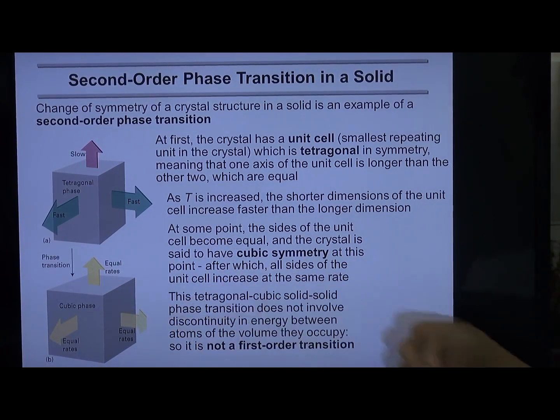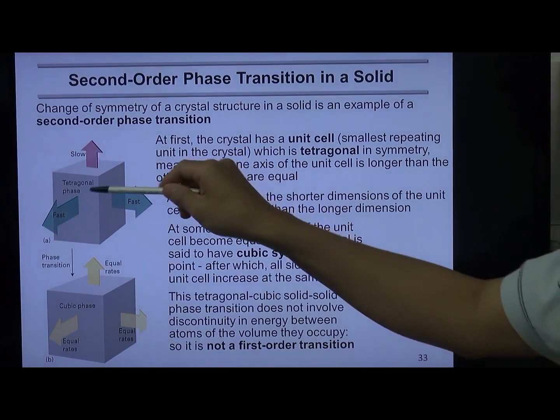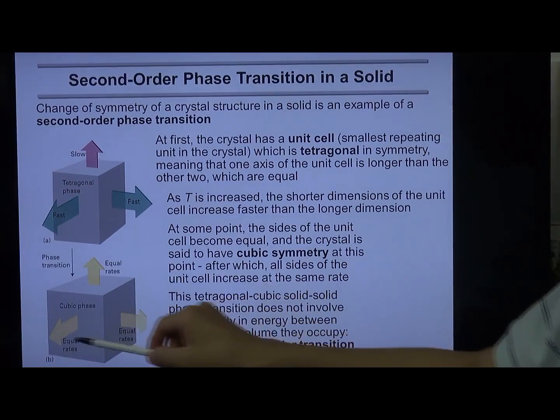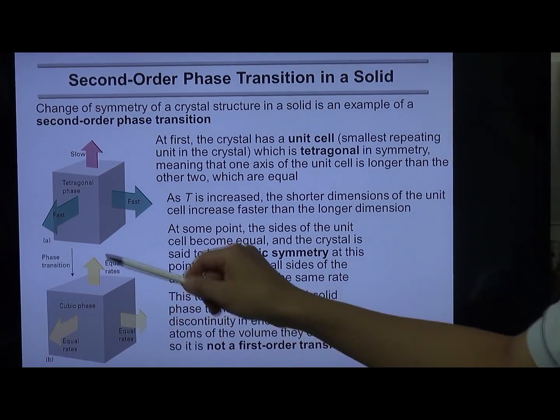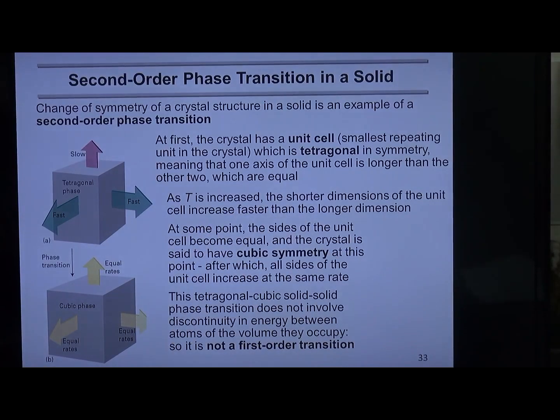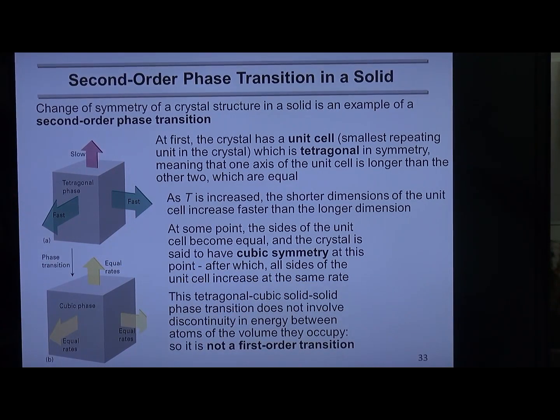A cubic phase, right? Since in this direction, they move faster than this direction, they would have a totally symmetric phase, and after that temperature, the crystal would have the same rate of change, right? So this kind of transition is an example of second order phase transition.